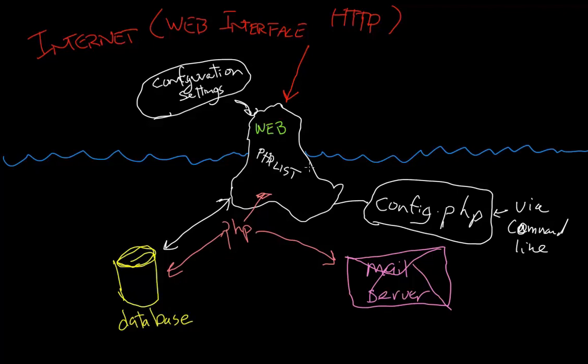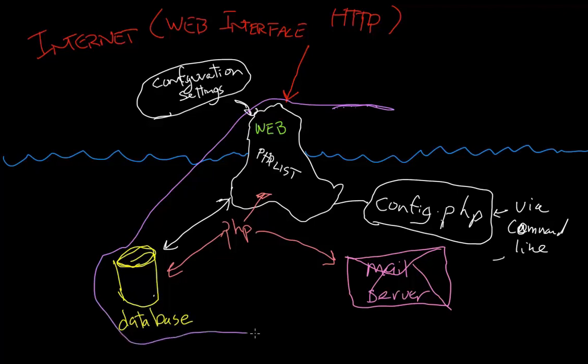This is the general architecture. Some of the settings are saved in the database, and you can get at them from the web interface. Some of them you actually have to go into the server itself where phpList is installed and get into the file system and edit this file here. So the one last thing I put on here is this is typically installed.